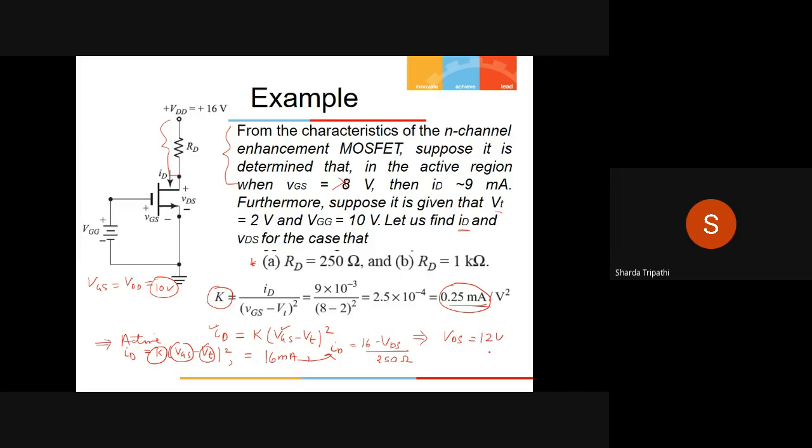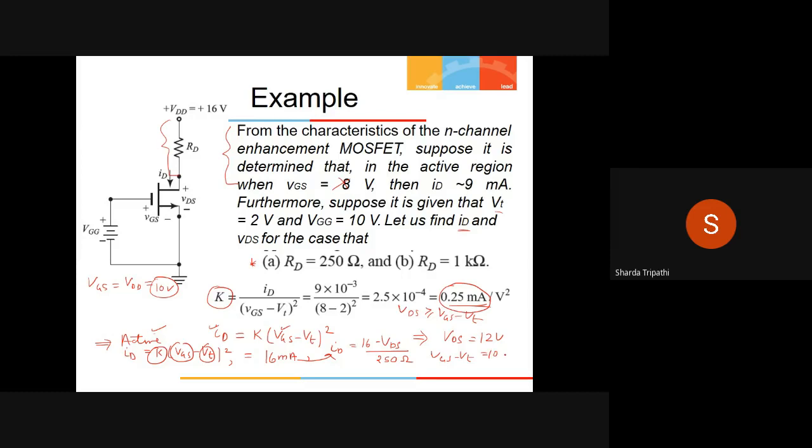So now we don't have to stop over here, कि VDS निकल गया तो सब हो गया. The last step is to verify if this is in conformity with the assumption that we have taken, because these values are calculated based on assuming that the transistor was working in the active region. So for that, what is the condition? The condition is that VDS has to be greater than or equal to VGS minus VT. तो यहाँ पे VGS minus VT कितना होगा?